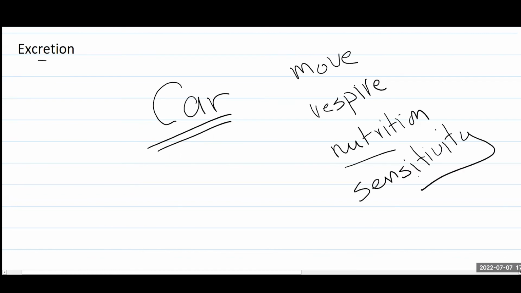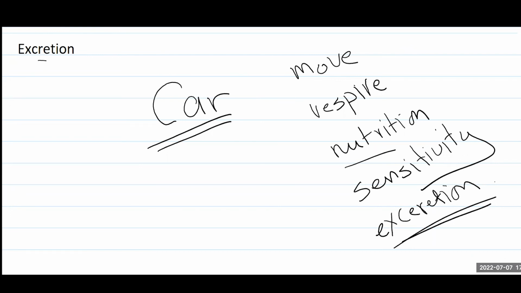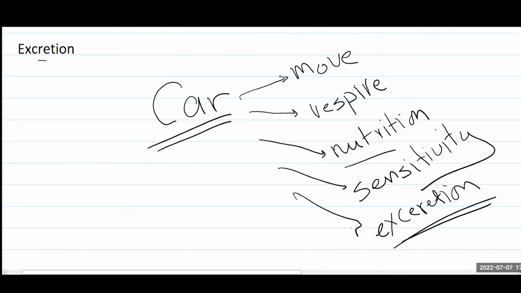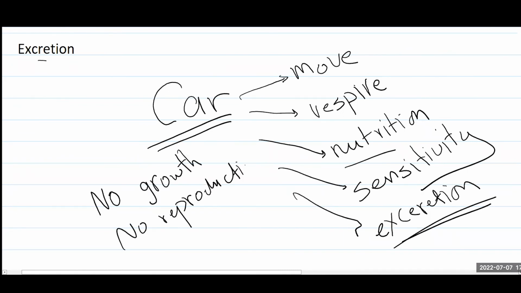When you touch it, it gives an alarm. It does excretion also. You see the exhaust gases getting out of the car. So movement is there, respiration is there, nutrition is there, sensitivity as well as excretion, but no reproduction. Unfortunately. Imagine if our cars could reproduce, it would be very fine, right? But it's not.